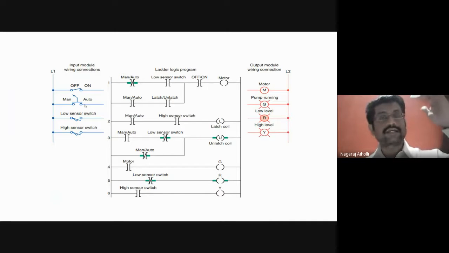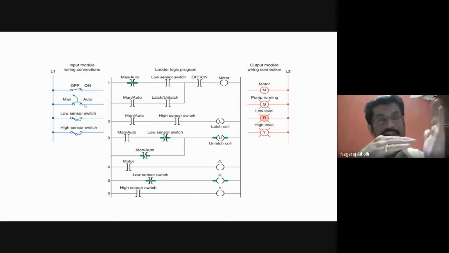There is a switch, you are closing the switch, current is flowing in the circuit, or the ladder rung becomes true. Suppose you release the switch, will the current flow? No, sir, the logic will not become true for the rung because it is in open state. Correct, it becomes false.